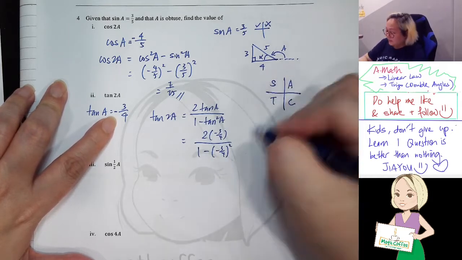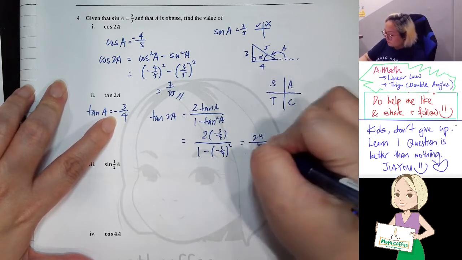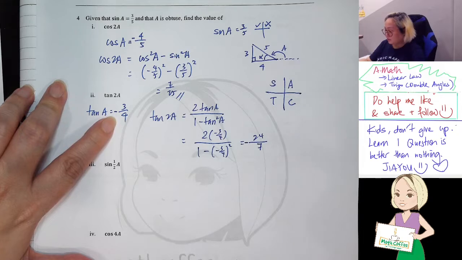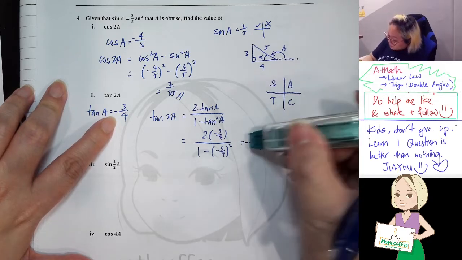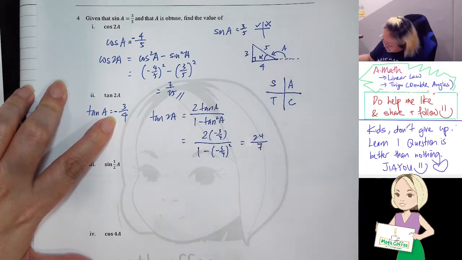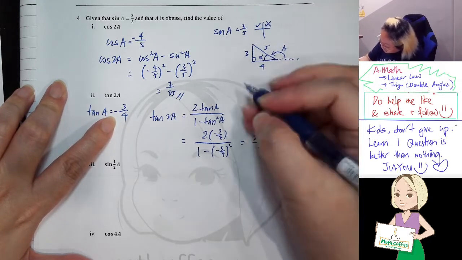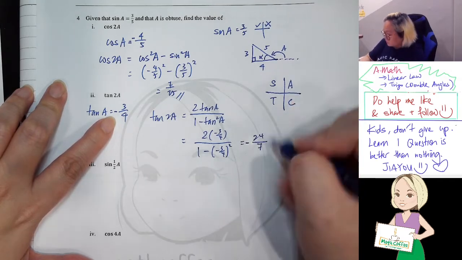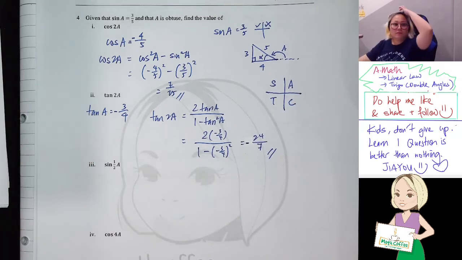Press your calculator, you will get 24 over 7 with the minus. Yeah, my minus is not very clear. Must write properly. Answer.